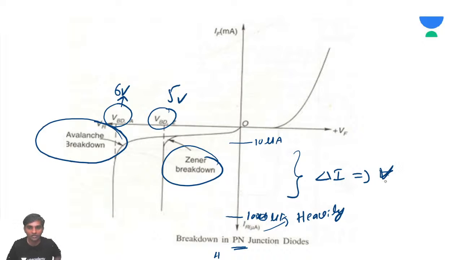Don't think that reverse bias is a waste. No, this reverse bias has the best advantage. Irrespective of the change in current, you will still get constant voltage, let's say 5 volts.